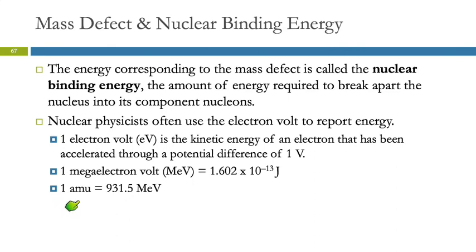But if you look at the relationship between one atomic mass unit of mass that's lost and turned into energy using E equals mc squared, you would come up with the equivalent of 931.5 mega electron volts. It's still a small amount. So this is a conversion factor that you can use when doing problems.